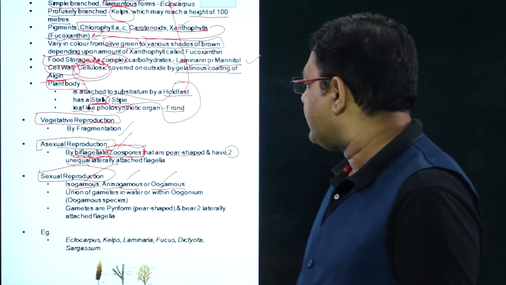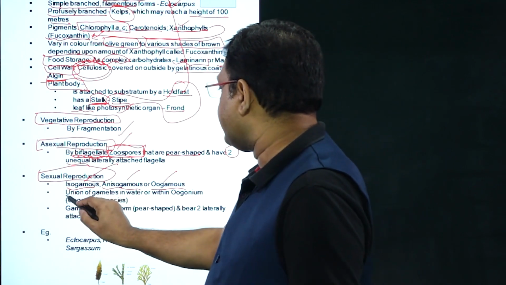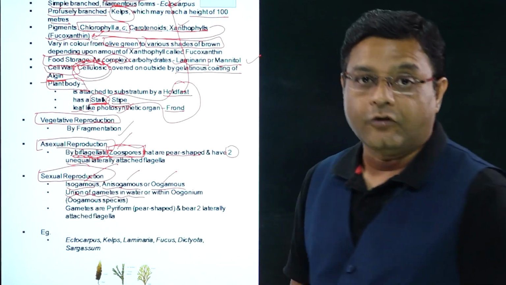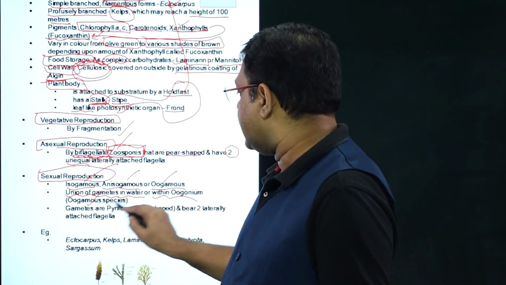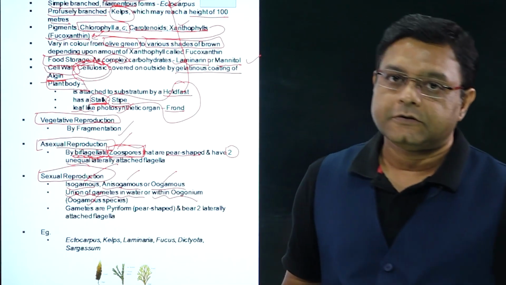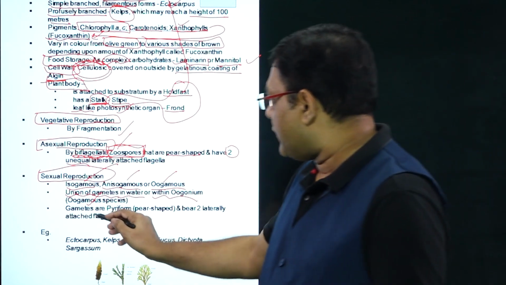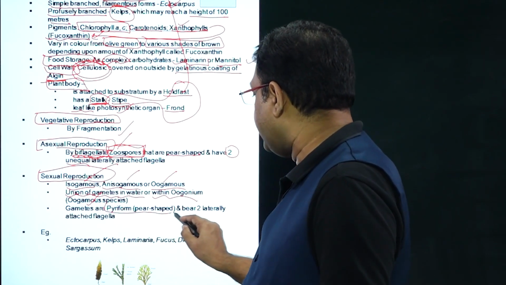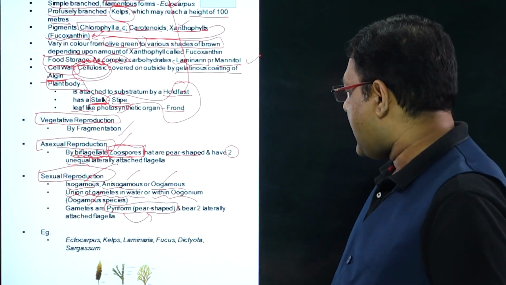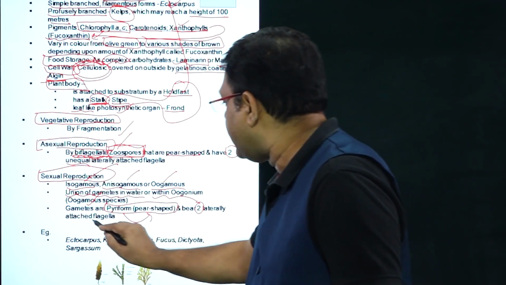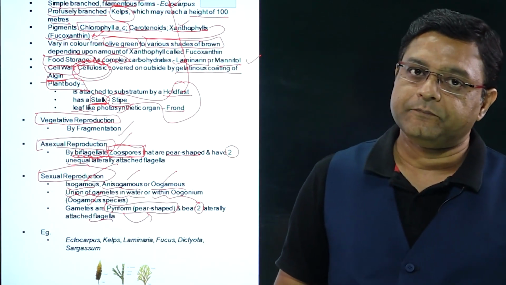And in the case of sexual reproduction, there will be union of gametes in water, or it can be within the oogonium, and this is in the case of oogamous species. Talking about the shape of gametes, gametes are pyriform. Pyriform means that the shape is pear-like, and it will have two flagella attached to it.